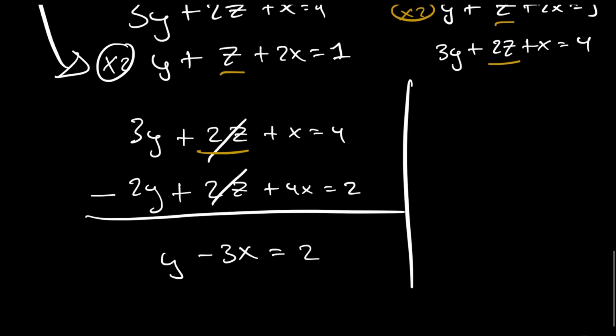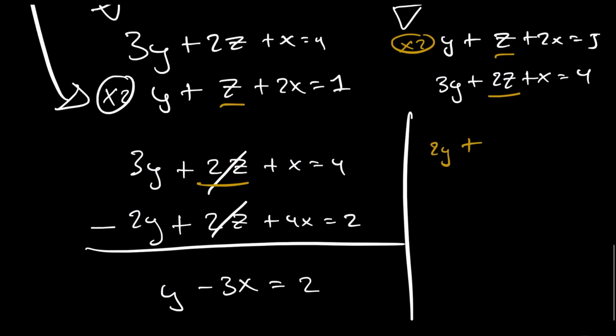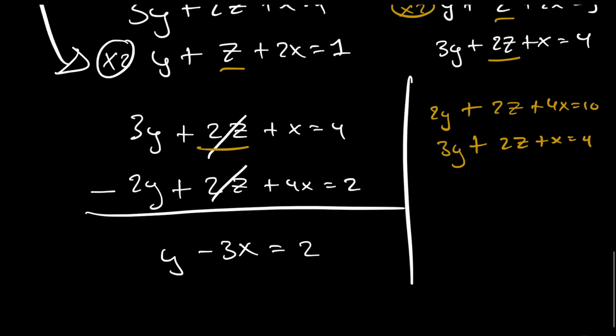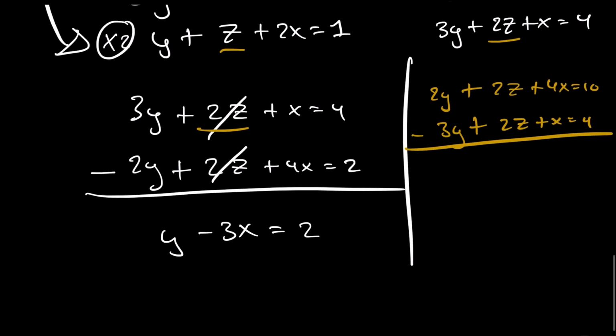And so we're going to have 2y plus 2z plus 4x equals 10, with the original one that we placed in two equations, 3y plus 2z plus x equals 4. Take that away. So now we have minus y, cancel those, minus 4x plus 3x, and then we have 6.